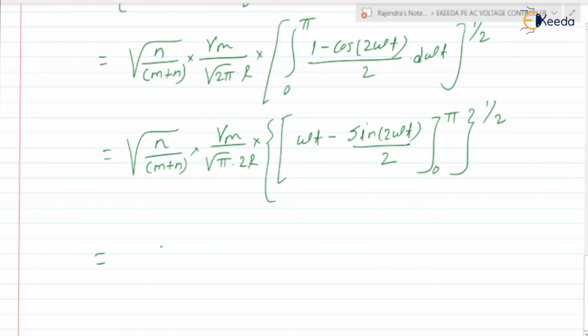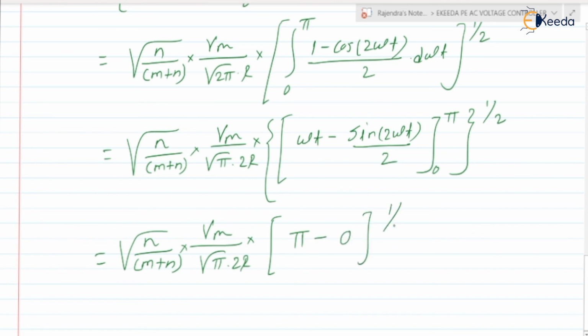So it is under root N upon M plus N into Vm upon root pi into 2R, into pi minus 0, that is pi minus sine 2 pi minus sine 0, which is 0, to the power 1 by 2. So this root pi and this root pi will get cancelled.